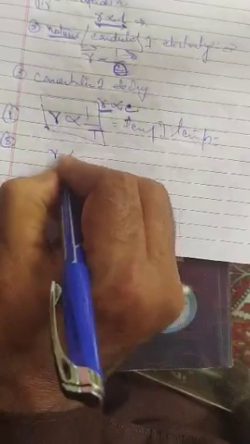Number 5. It is inversely proportional to the area of the plates. जो electrodes होगा, अगर इनका area ज़्यादा होगा, then the resistance will be small. अगर इनका area कम होगा, then resistance will be large. So internal resistance is inversely proportional to the area of the electrodes.